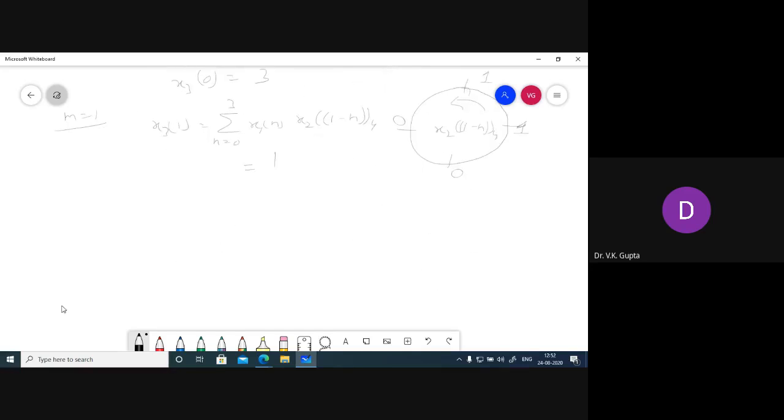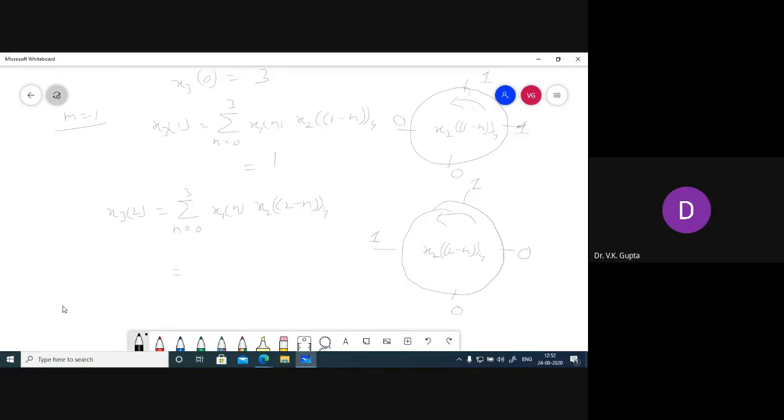Similarly, what is the value of x3(2)? Sigma n equal to 0 to 3, x1(n) x2((2 minus n) modulo 4), again shifted by 1 unit. So this is again shifted by 1 unit. This 1 comes to here, this comes to here. It is 0 comes to here, 1 comes to here, this 1 comes to here, 0 again comes to here.